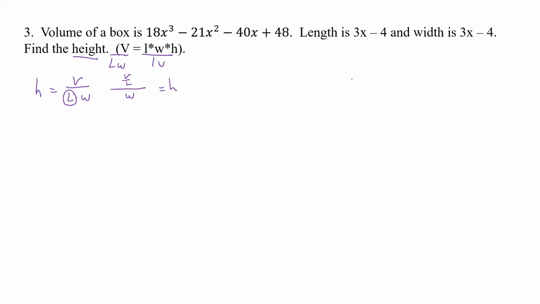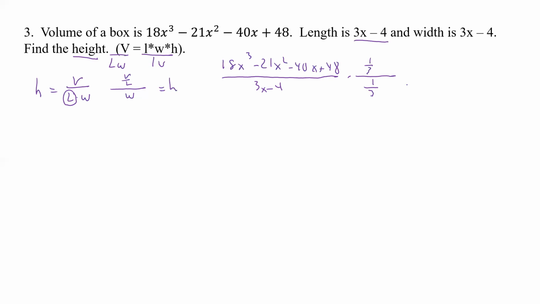All right, now, guess what? We don't have just x minus h here, or x minus k. So what does that mean? Well, we're going to have to take 18x cubed minus 21x squared minus 40x plus 48 divided by 3x minus 4. Now, what are we going to have to multiply by? Well, 1/3. We'll get rid of that 3.